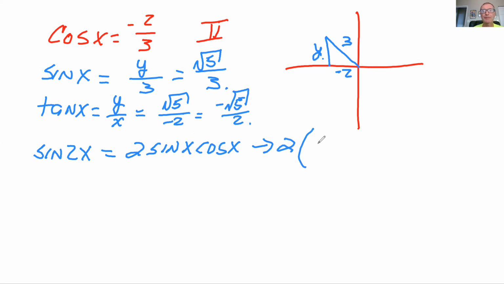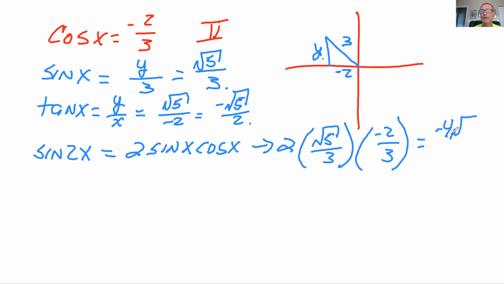And then sine of x is square root of 5 over 3. And our cosine is minus 2 over 3. So you just multiply all that out and you would get minus 4 square root of 5 all over 9.